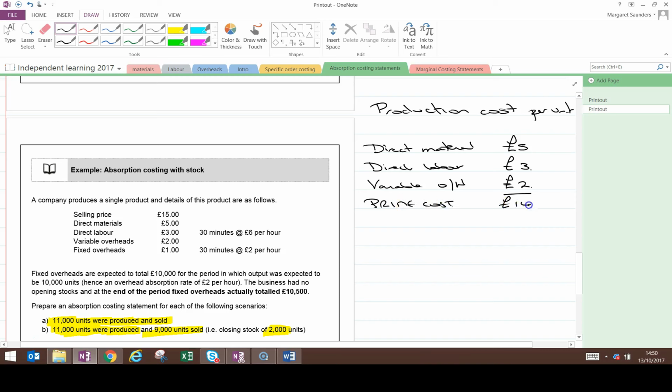of £10. Then we add the production overhead, which is using the overhead absorption rate. Now before we fill that figure in, let's have a look at calculating the overhead absorption rate. We're told that fixed overheads are expected, so budgeted, to total £10,000.